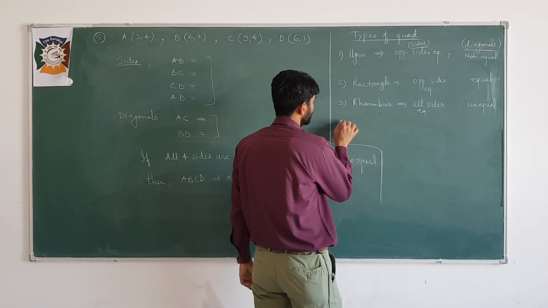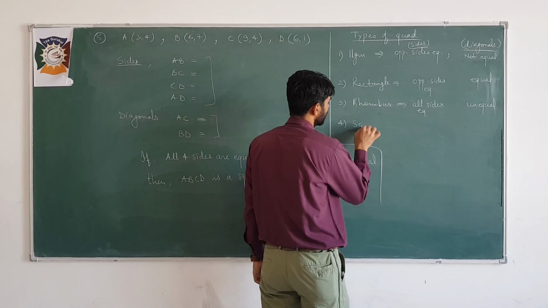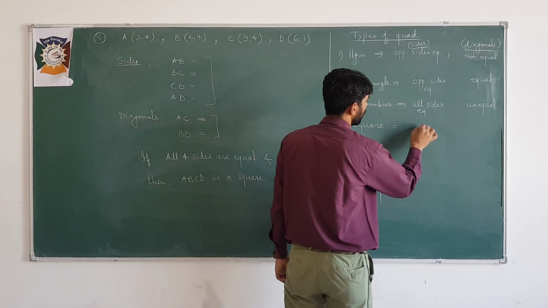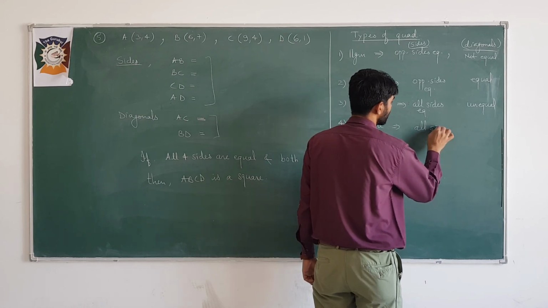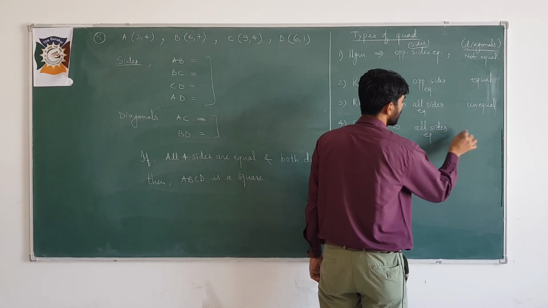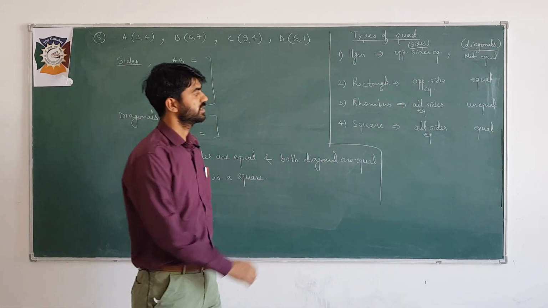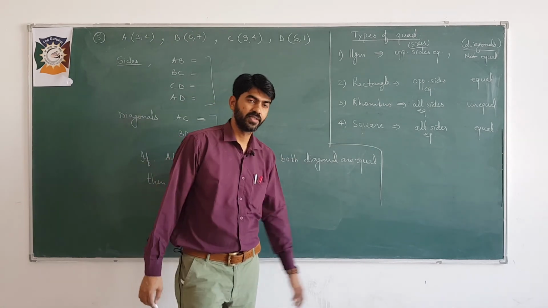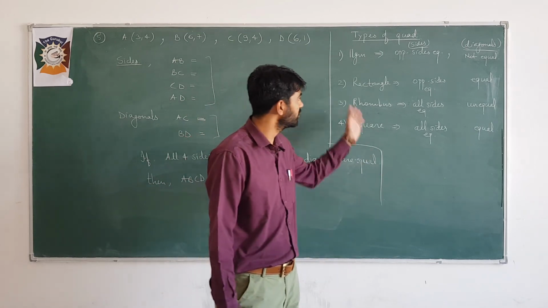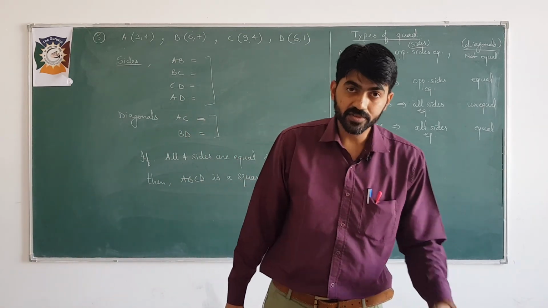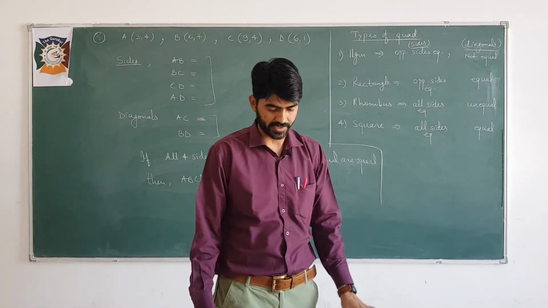Then fourth, square: all sides equal and diagonals are also equal, then it will be a square. So this way we can find which type the given quadrilateral is. Okay, if no opposite sides are equal, all are different, so we can write simple quadrilateral.